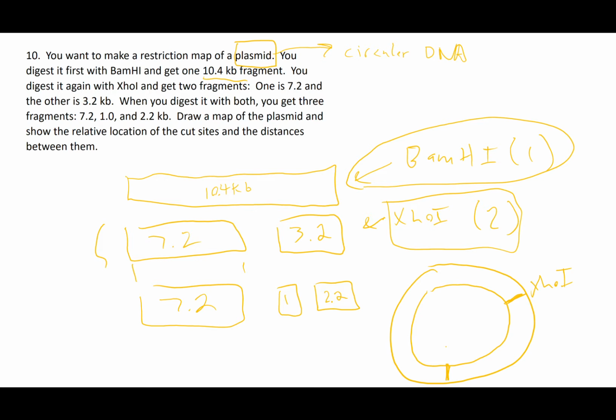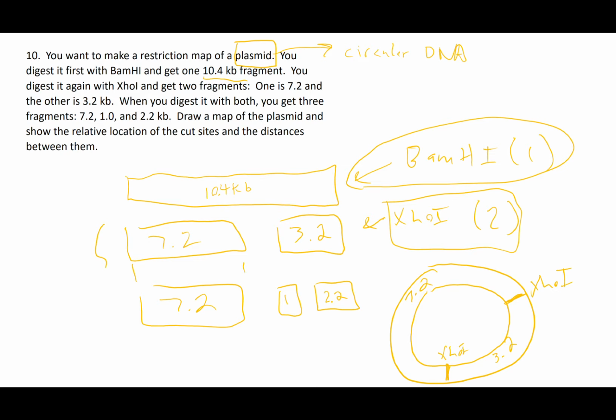It doesn't really matter where you put them on the circle. What does matter is the size of the fragments we get. So the fragment on this side is going to be 7.2, and the part on this side will be 3.2.